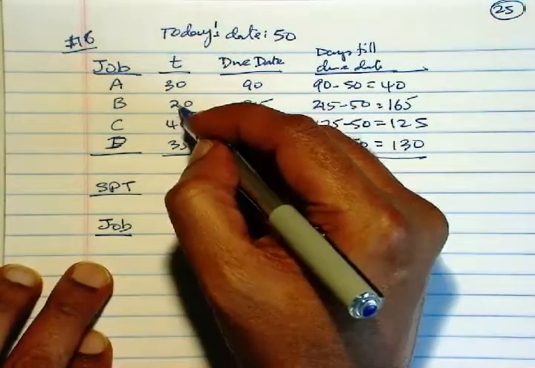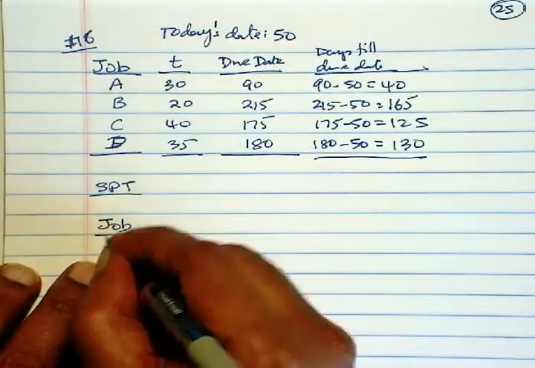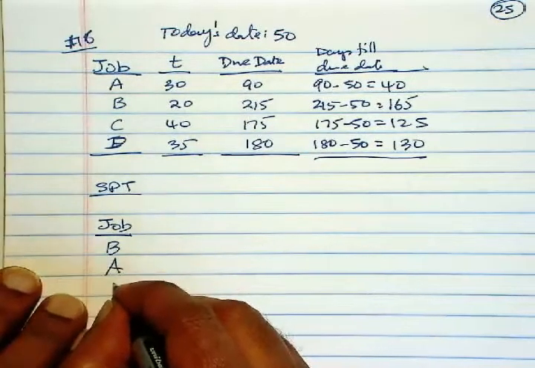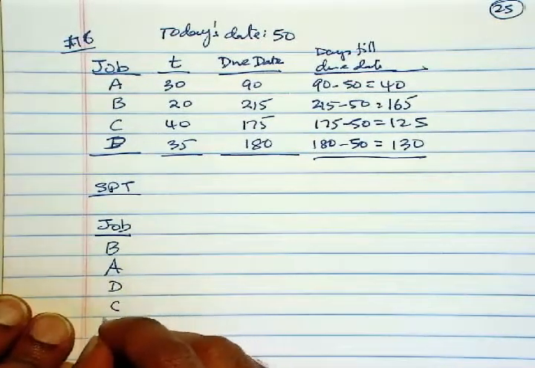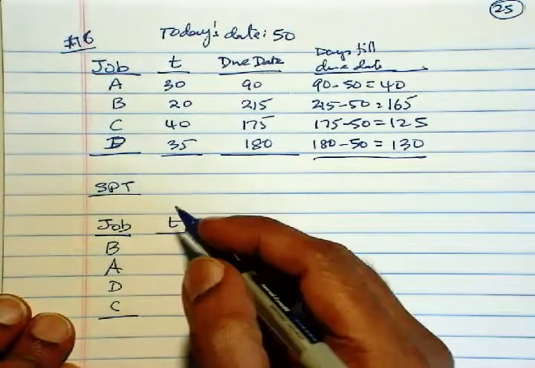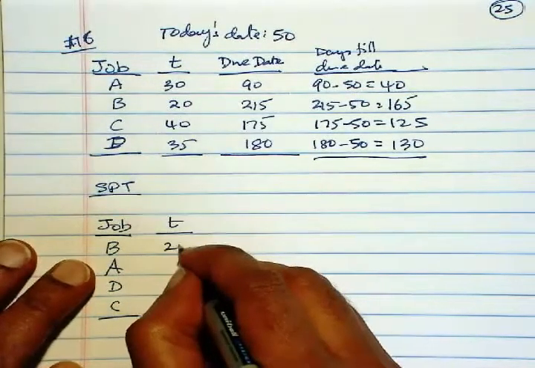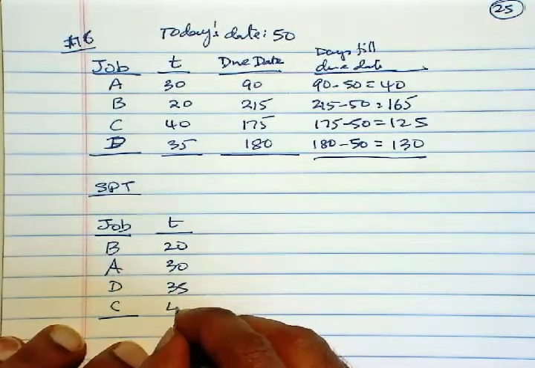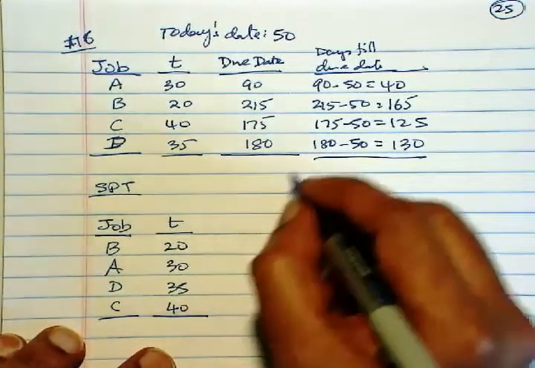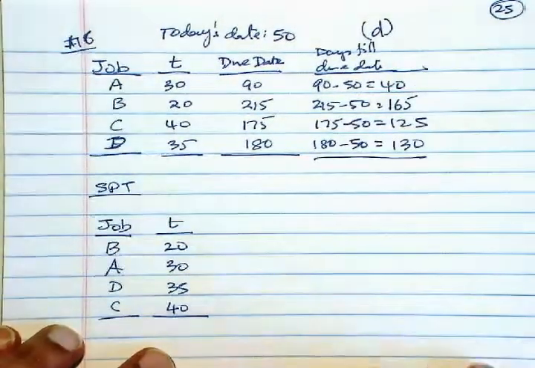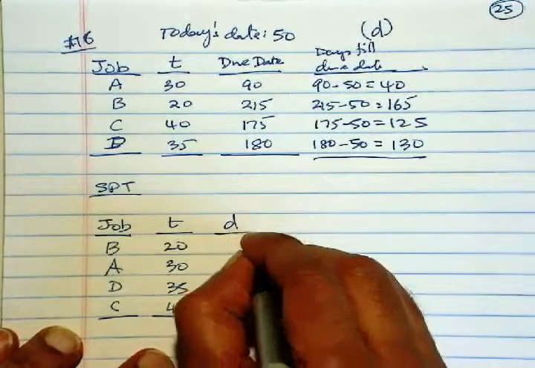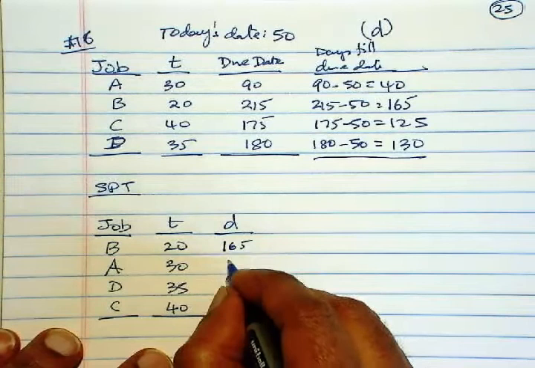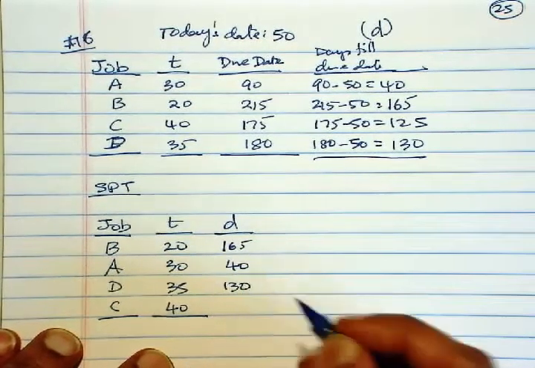So first is B, and then A, D, and C. So the processing time is 20, 30, 35, and 40. And let's call due date as just simply D, or days till due date. So this will be 165, 40, 130, and 125.